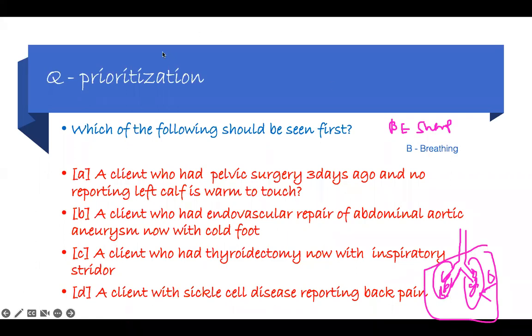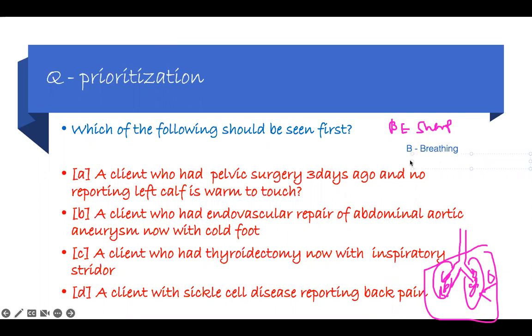An example is pulmonary edema. That's an example of a lung problem, or pleural effusion, or pneumonia causing a lot of respiratory distress. That's the one I'm talking about.